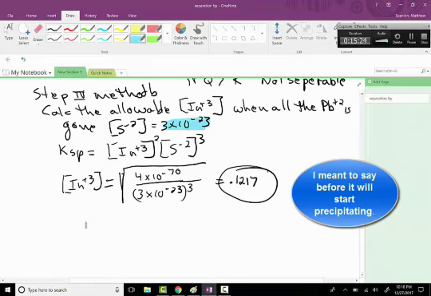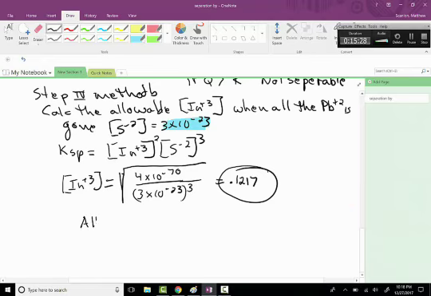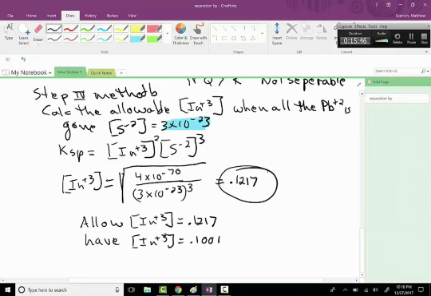So it turns out that that's larger. The allowable concentration of indium plus 3 is equal to 0.1217, and we have concentration of indium plus 3 equal 0.100 molar. Therefore, it's separable. This is not going to precipitate out.